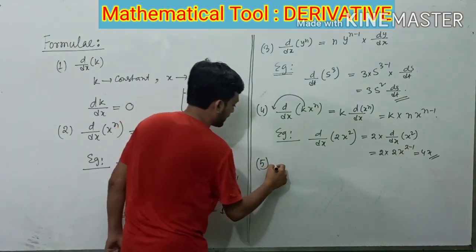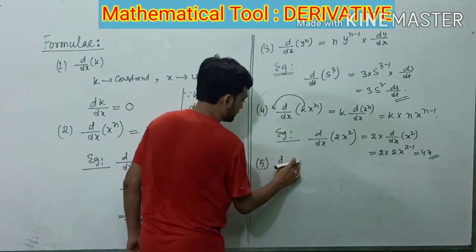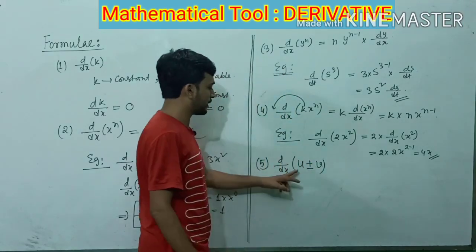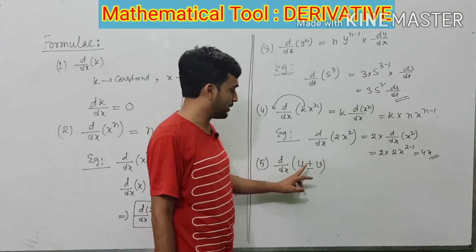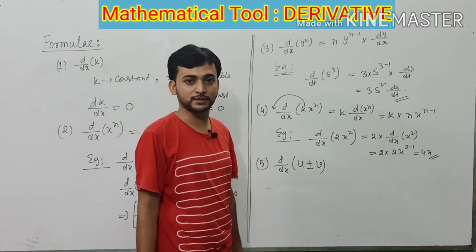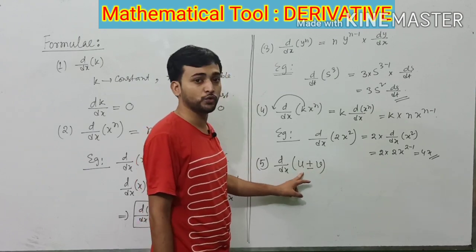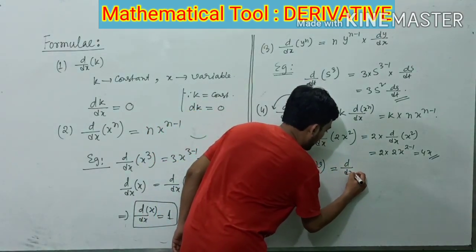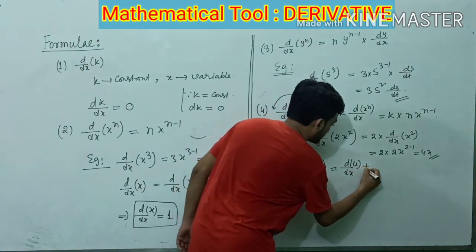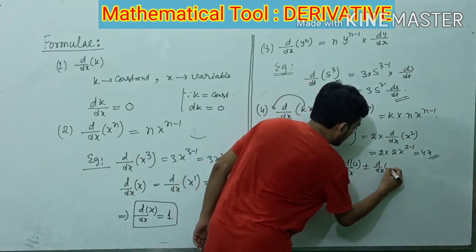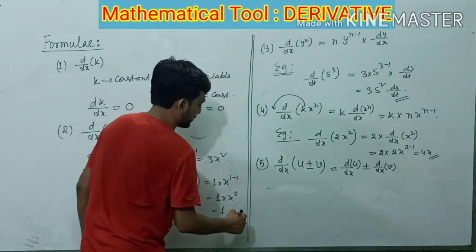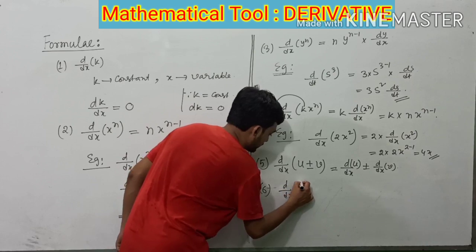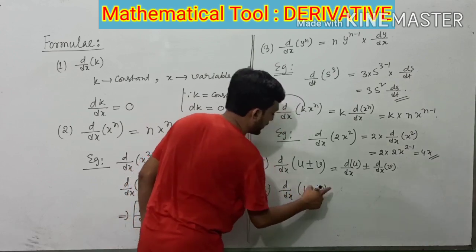Number 5, d/dx of u plus or minus v. What are u and v representing here? u and v are functions of x, or u and v are variables. Then we will get d/dx of u plus or minus d/dx of v. Number 6, d/dx of u into v. u and v are variables.